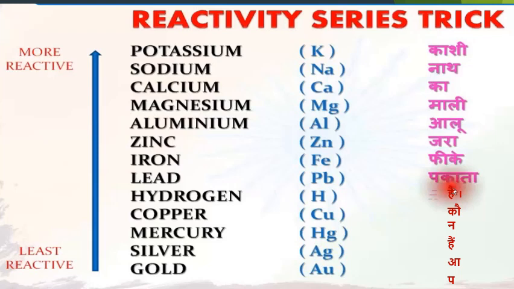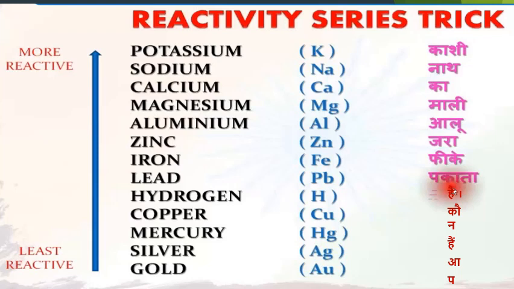And the trick to remember it is: काशीनाथ का माली आलू जरा फीके पकाता है. कौन है आप? This is the trick for remembering this series. So Ka for potassium, Na sodium, Ca calcium, Mg magnesium, Al aluminum, Zn zinc, Fe iron, Pb plumbum, that is lead, H hydrogen, Cu copper, Hg mercury.